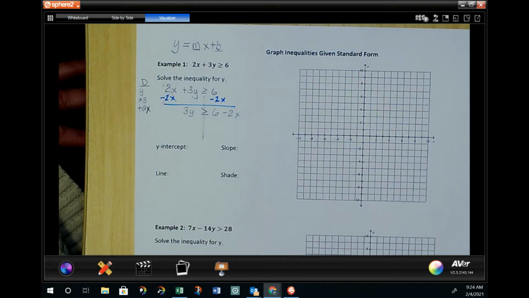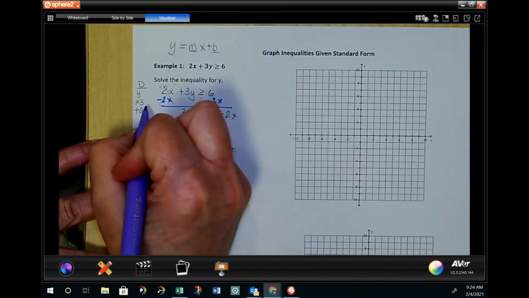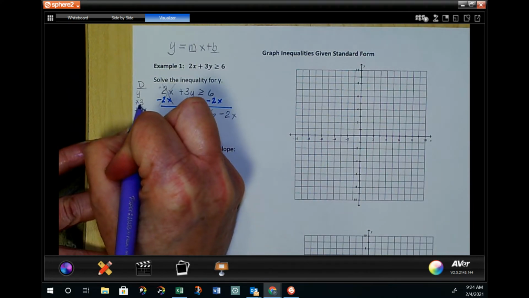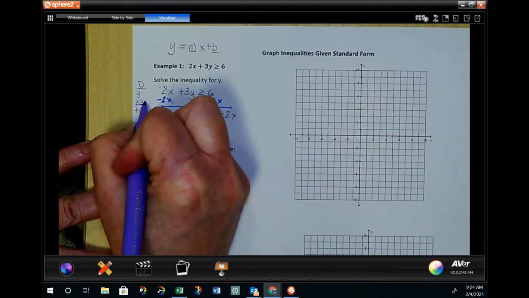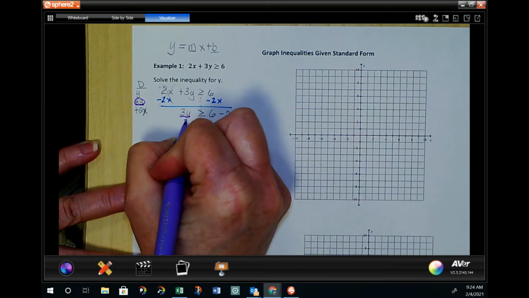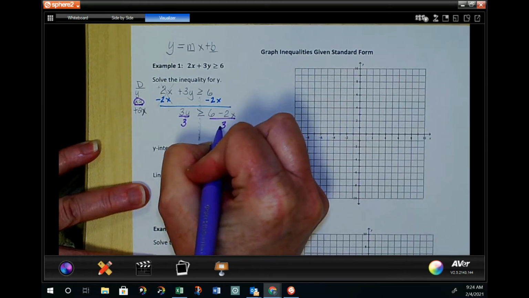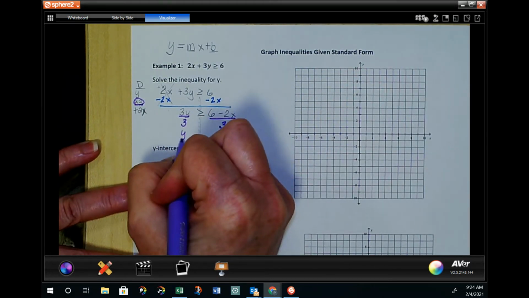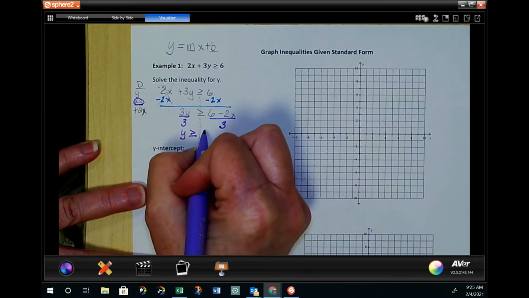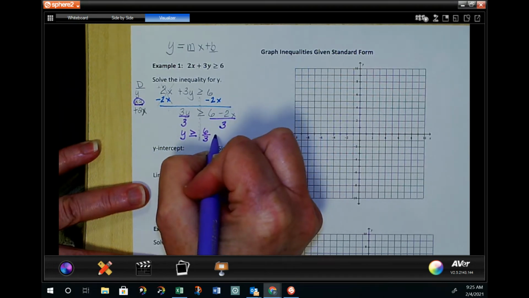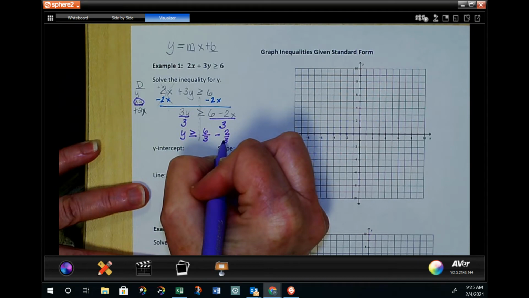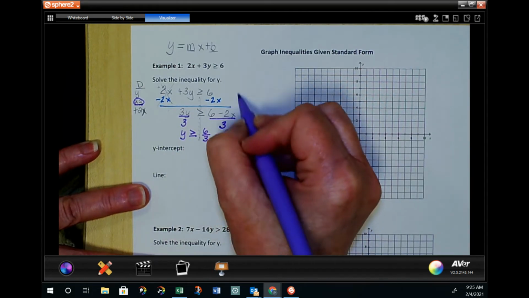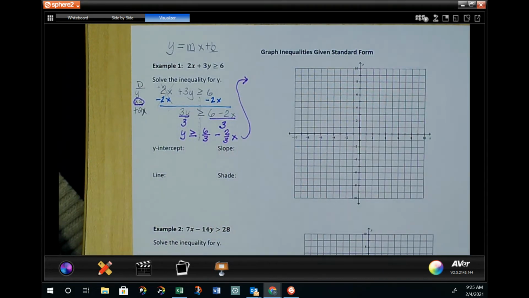The next thing, the opposite of multiplying by 3 is to divide by 3. Divide by 3. So now I've got y is greater than or equal to 6 over 3 minus 2 over 3x. I'm going to move this over here because I ran out of room.